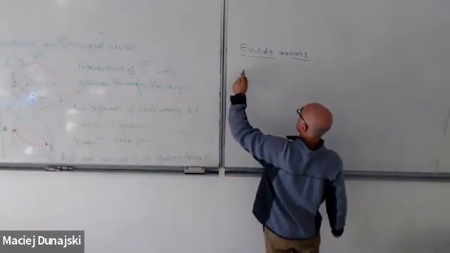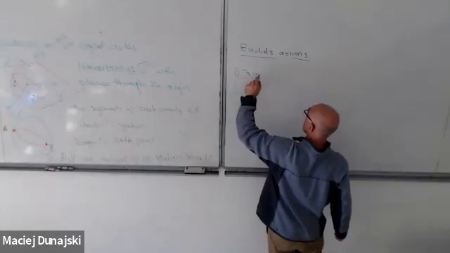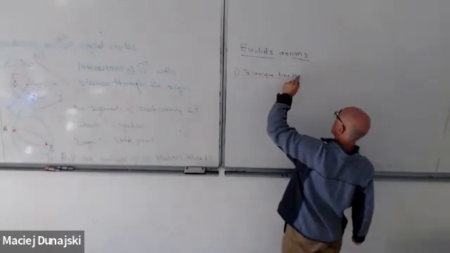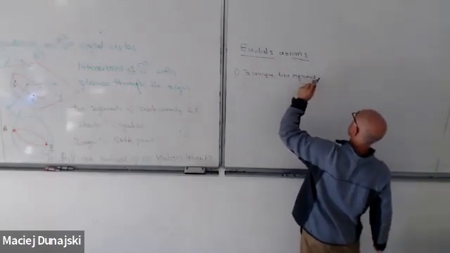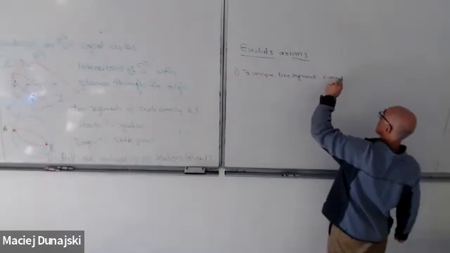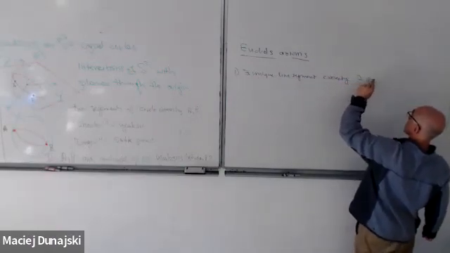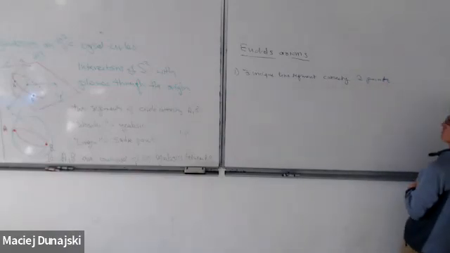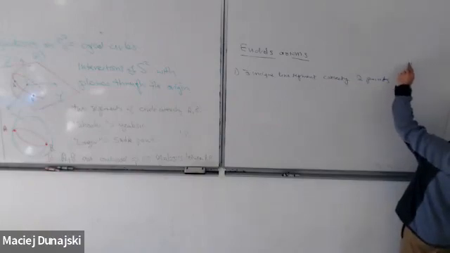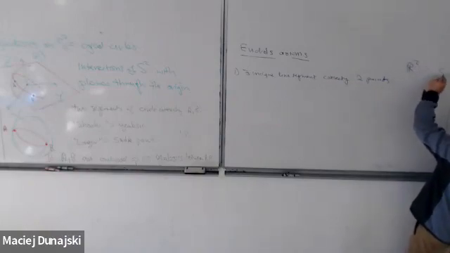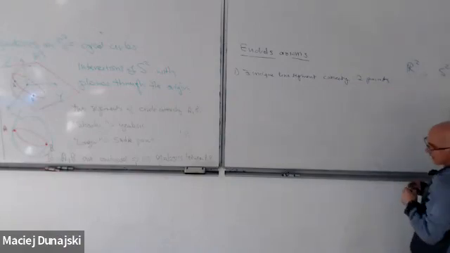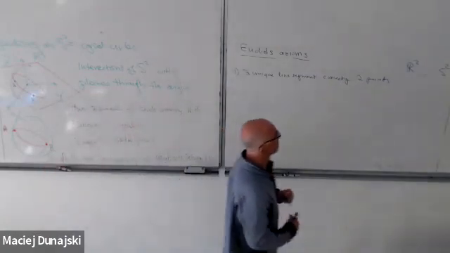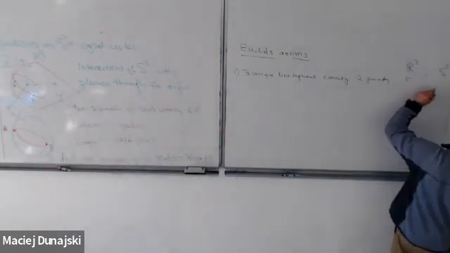First axiom: there exists a unique line segment connecting 2 points. So let's say we take a plane and we take a sphere. On the plane, this holds. On the sphere, it doesn't.